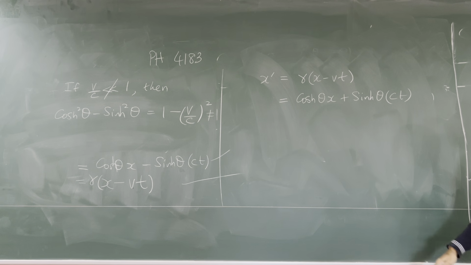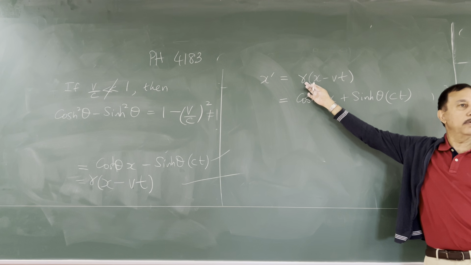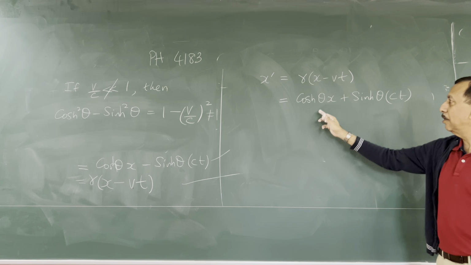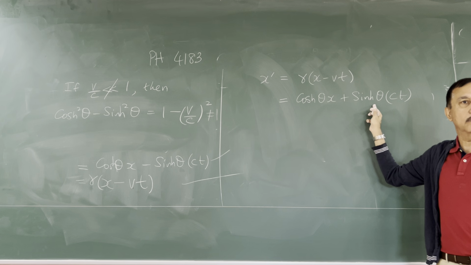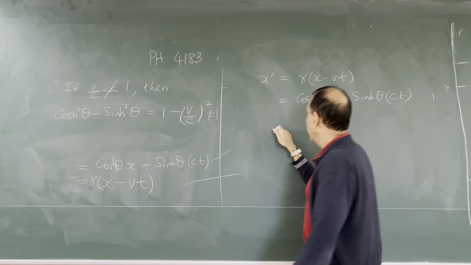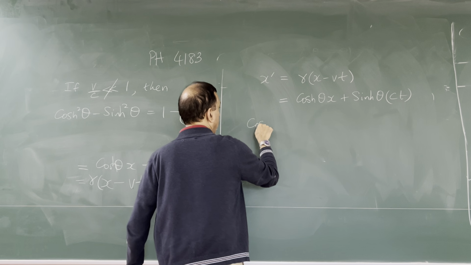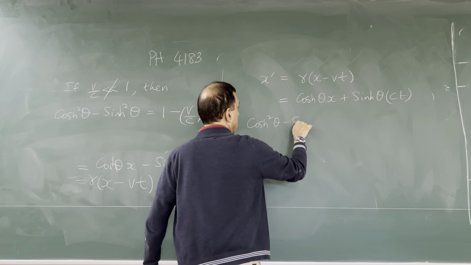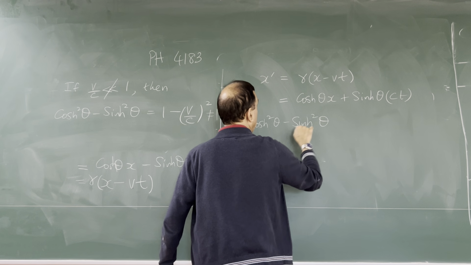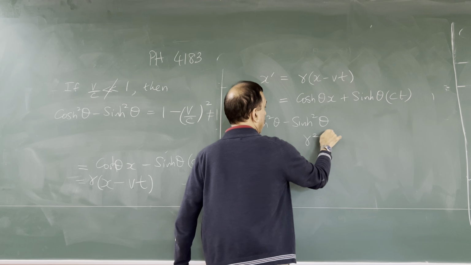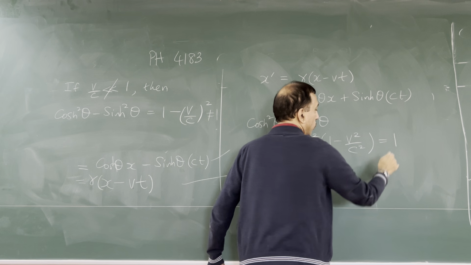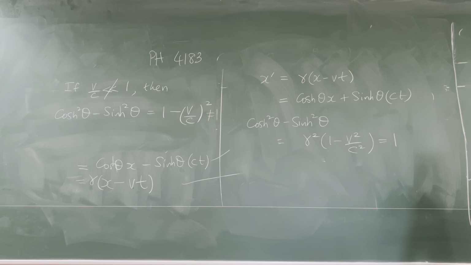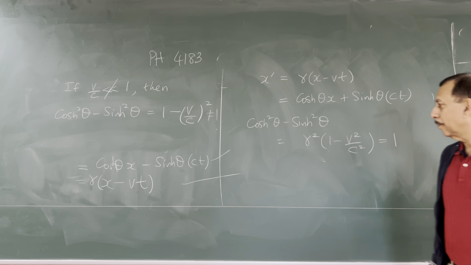Now you see that gamma must be some function of v, which I have to fix so that cosh squared minus sinh squared remains 1 for all theta, not just small. That means cosh squared theta minus sinh squared theta, with this identification, is simply gamma squared times (1 minus v squared by c squared), and so this has to be 1. And with that we are finally done.